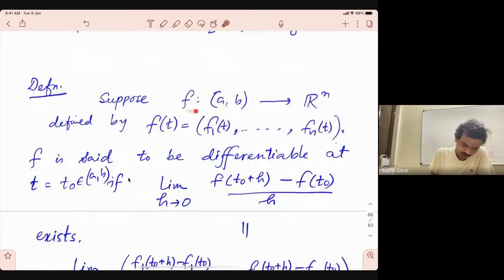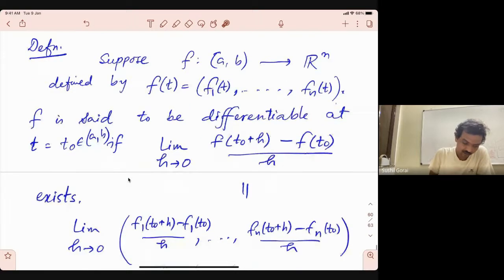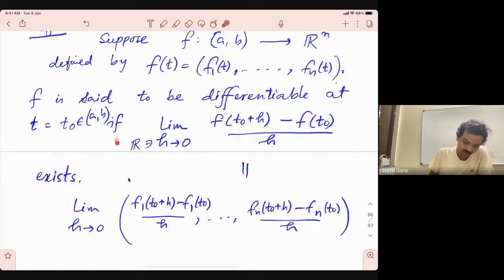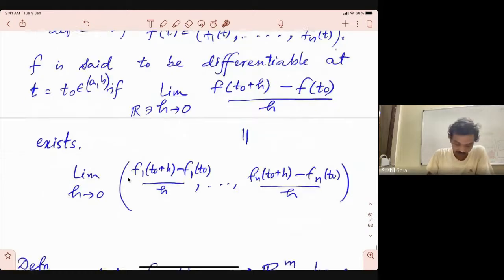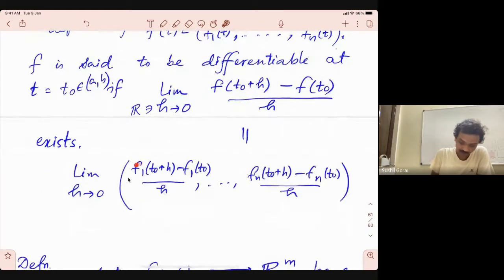If I start with a curve f from an open interval (a, b) to R^n, we say it's differentiable at a point t equal to t naught if this holds, where h is in R. It is the same limit as we did for one real variable.